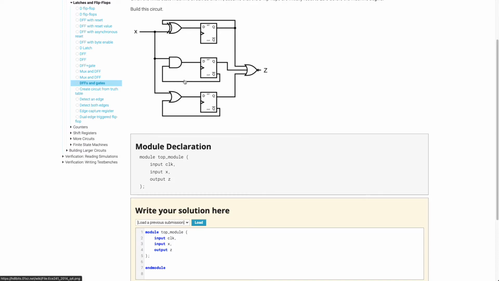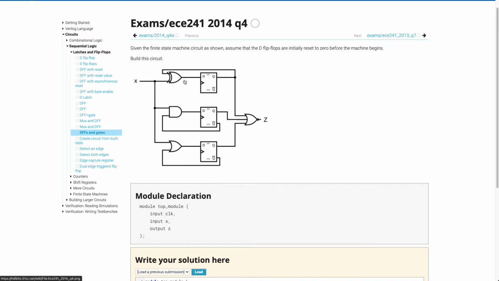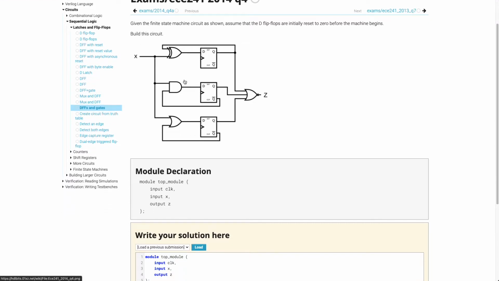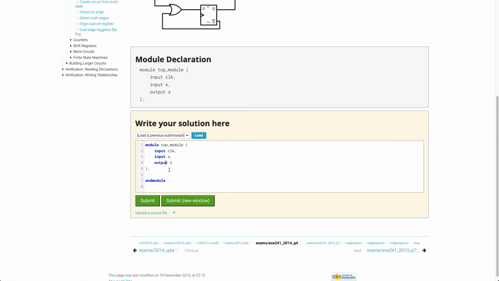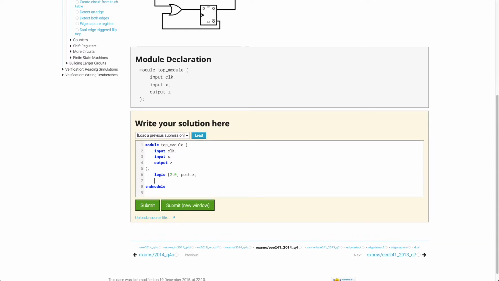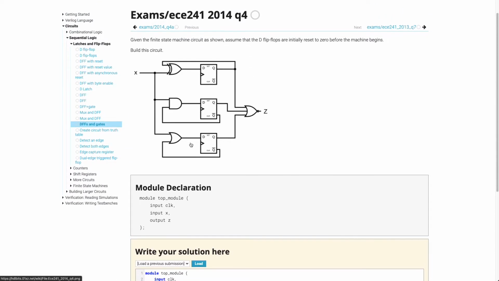So, okay. Post X just refers to these 3 nets.